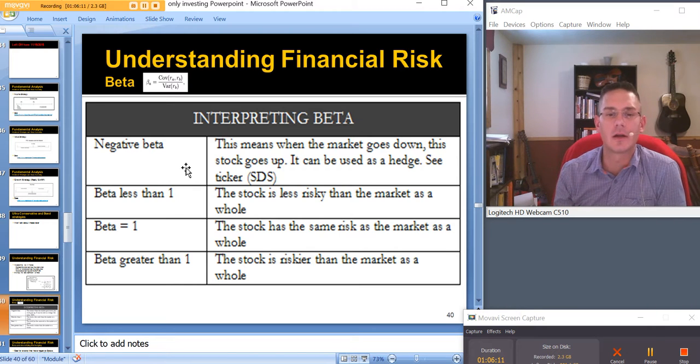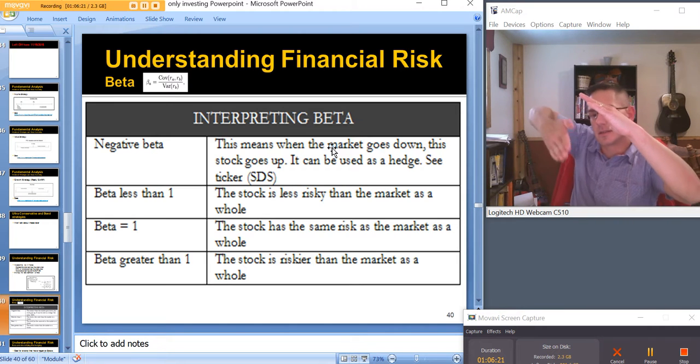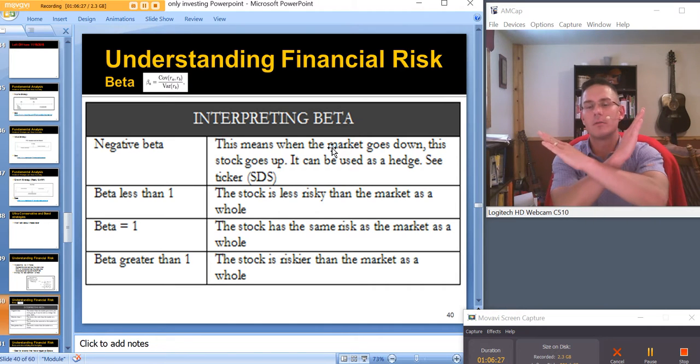And a negative beta coefficient is kind of interesting, because a stock that has a negative beta means if the market's going up, the price of this stock would be going down. In other words, they move in opposite directions.